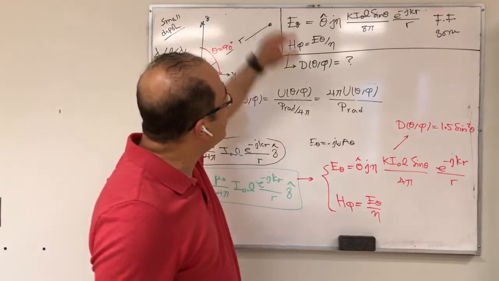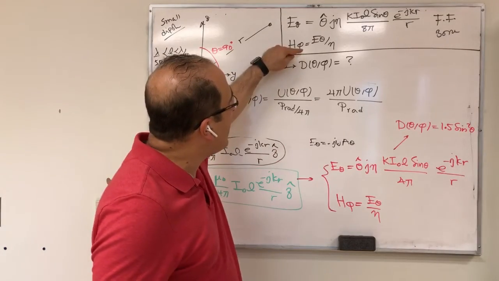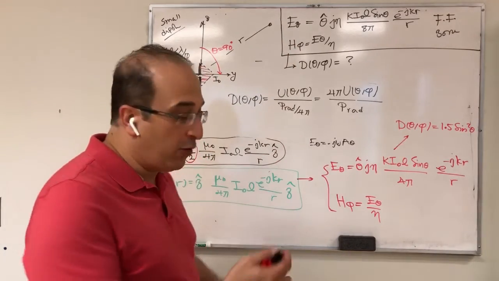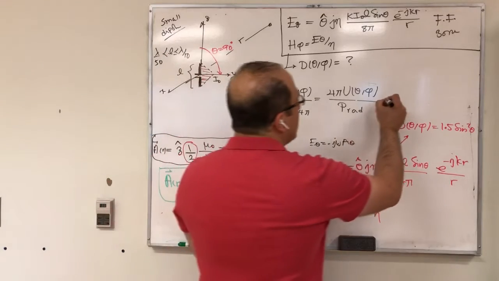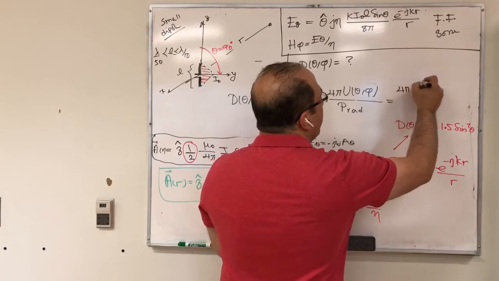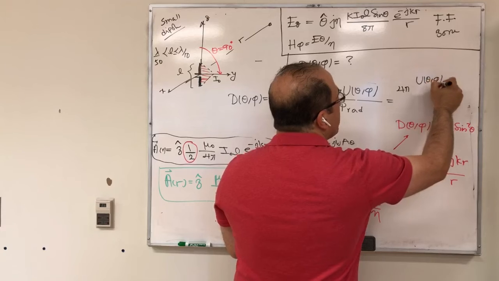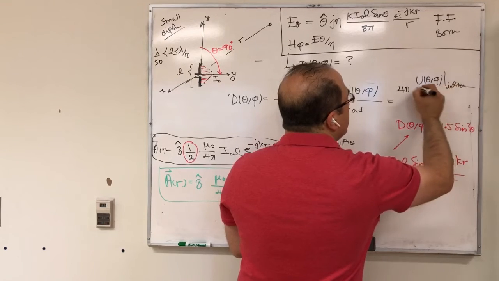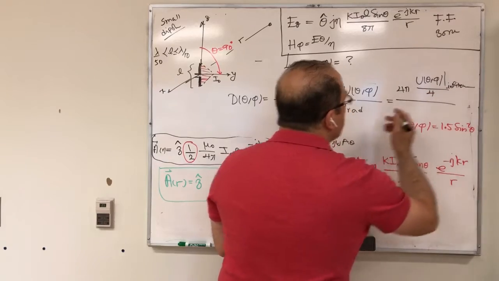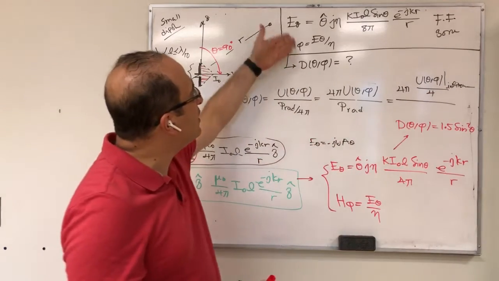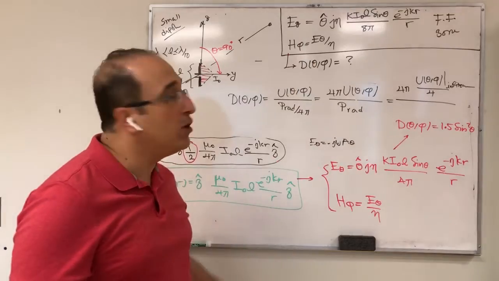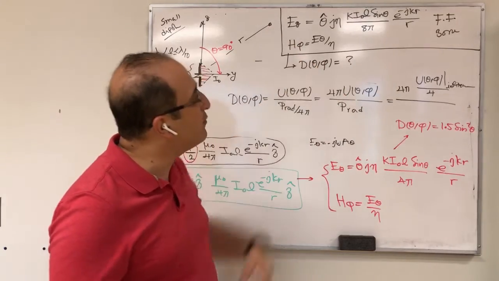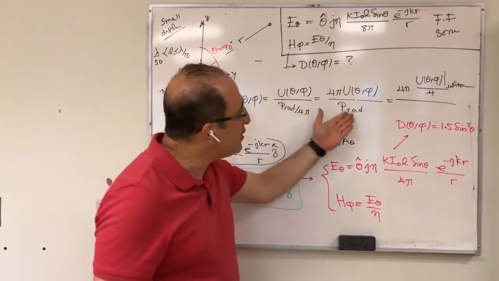So if I multiply them, half and half would be 1 divided by 4. So here I can just say 4 pi, and then I'm going to have U theta and phi of infinitesimal divided by 4, because E and H are both in U, so each of them is half. The whole thing would be divided by 4. And the same thing for power.